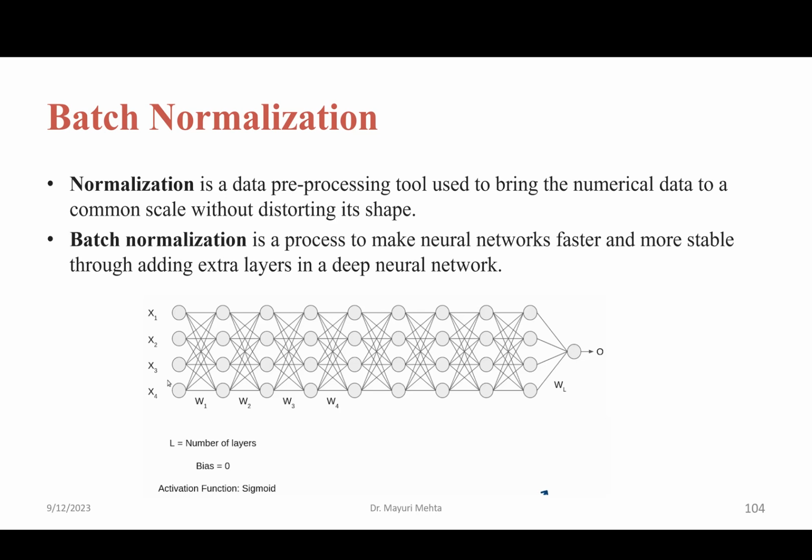So normalization is a data pre-processing tool used to bring numerical data to a common scale. Both marks out of 100 and marks out of 150 you are bringing to the range of 0 to 1. So this is a common scale without distorting its shape.